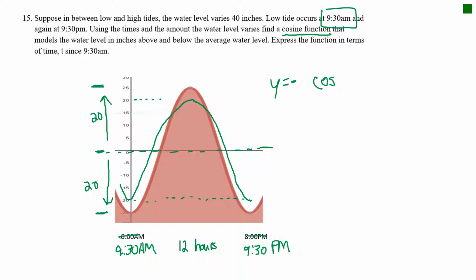Now, the distance from the midline to the bottom of my graph is 20, right? And then from my midline to the top of my graph right here is 20. So that means I need to put my amplitude, or my A value, as 20 there. And now it's just a matter of putting a number in front of t. Usually that's theta, but we're going to use t for time. We need to put our number here for b.